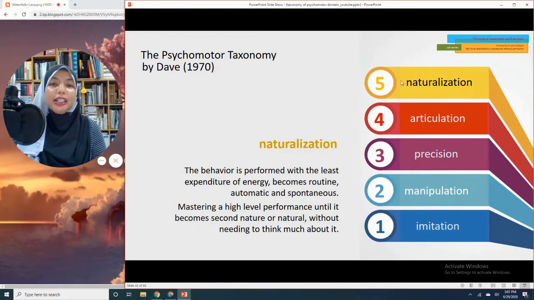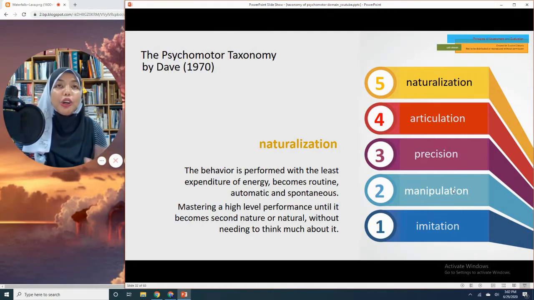For example, you are at this particular stage when it comes to driving. Okay, when you want to go somewhere, you don't even realize when exactly did you leave the house, bila you start kereta, when do you go out of your porch, tiba-tiba je dah sampai. Okay, and you can drive the car while talking with your friends, you can think of other things while you are driving, as opposed to driving when you are here.